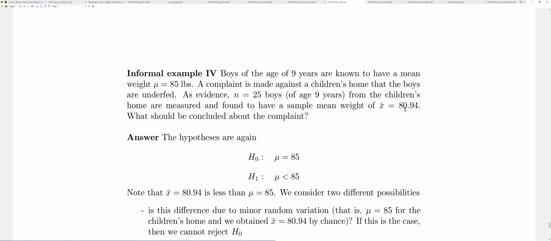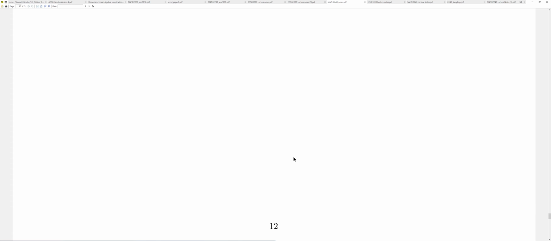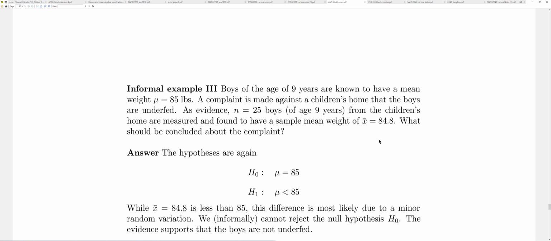And so you see the 80.94 and the 85 over here, and the question is whether the difference, which is about 4, is statistically significant. In the earlier case, I hand waved and said the difference was just 0.2 and that was not significant.